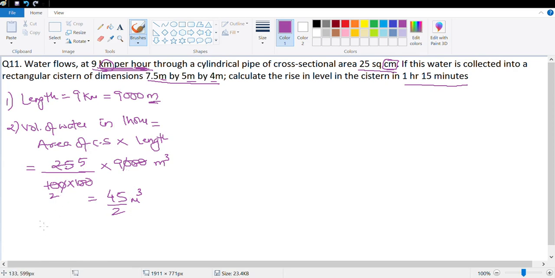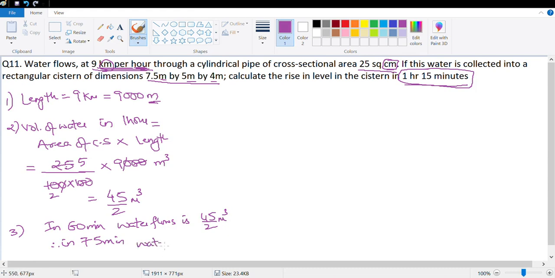Now let's apply unitary method because they want it in 1 hour 15 minutes. So in 60 minutes, water flows is 45 by 2 meter cube. Therefore, in 75 minutes, water flows out will be 75 into 45 upon 2 multiplied with 1 upon 60. Perfect.